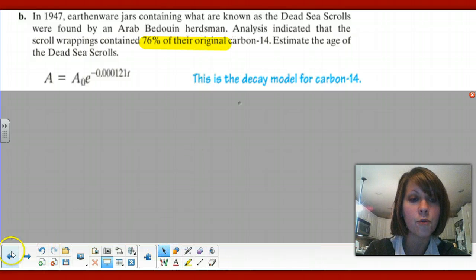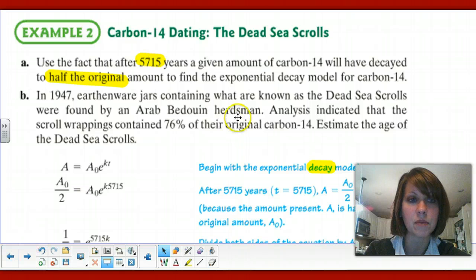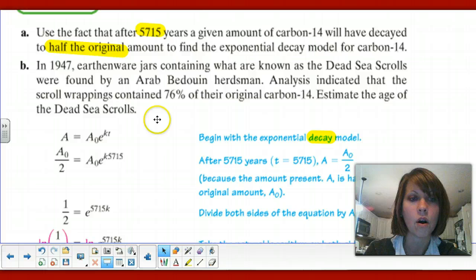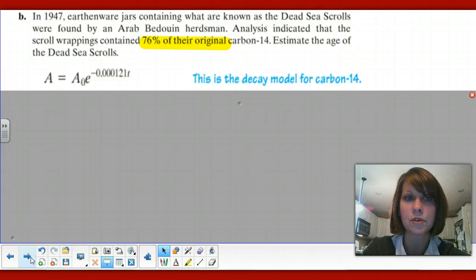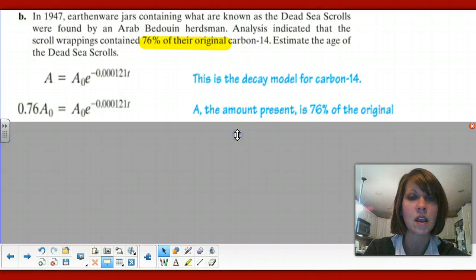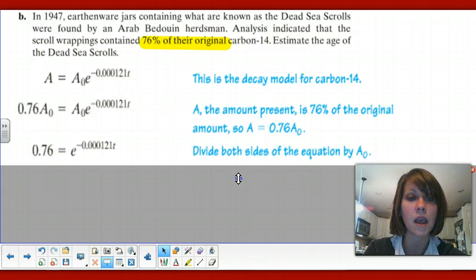Okay, on the other page, when we had something that said half of the original, we put in A naught over 2 as our A. Here, 76% of the original is going to be 0.76 A naught. All right. We're solving for T here, so we're going to divide both sides by A naught. It doesn't matter what the initial amount was.